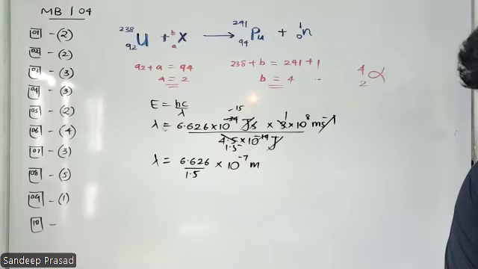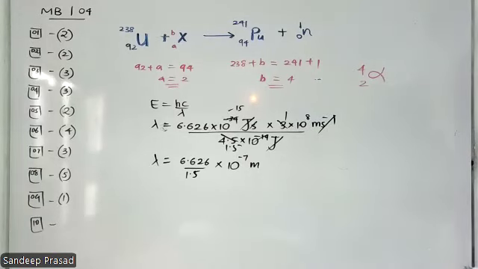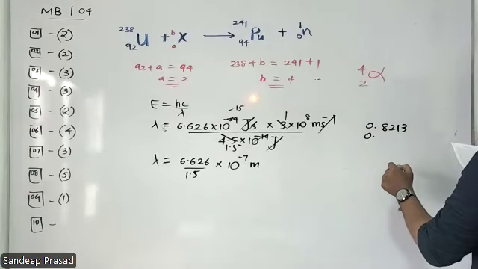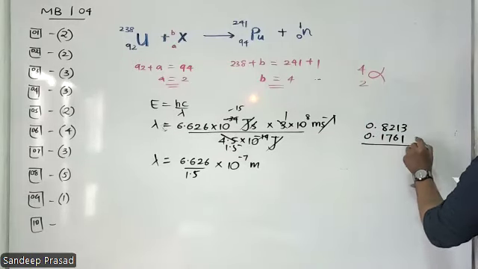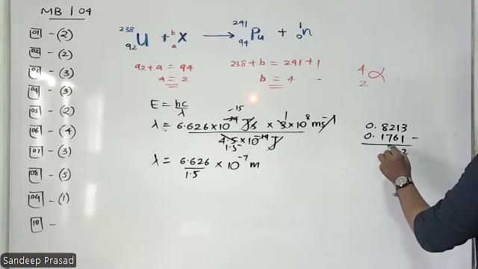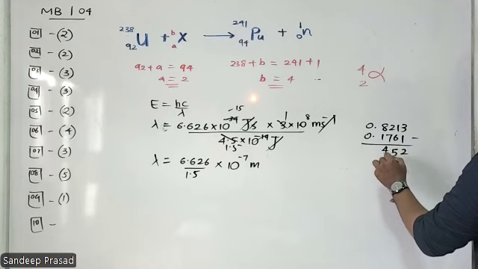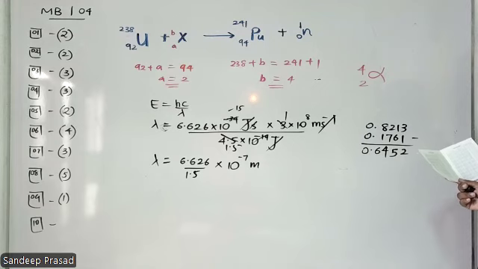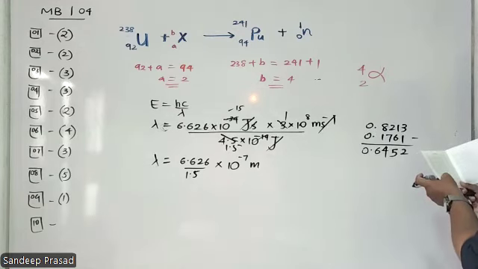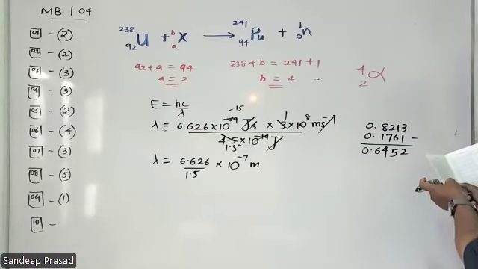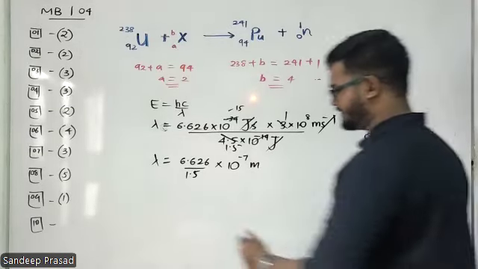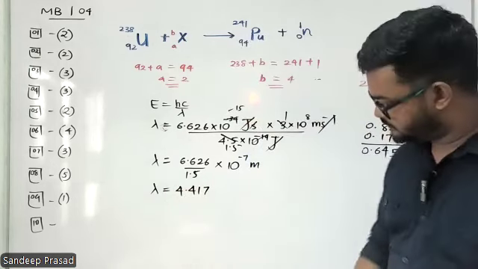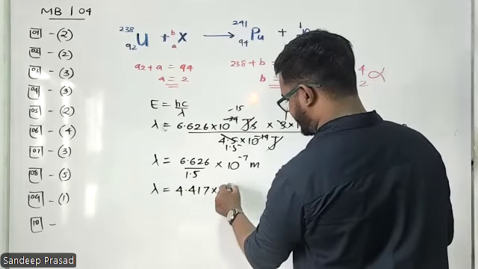Okay, so when you divide this one by 1.5, we get 4.417, 10 to the power minus 7 meters.